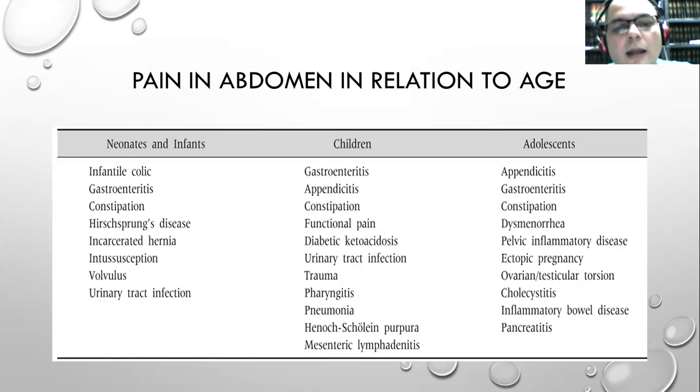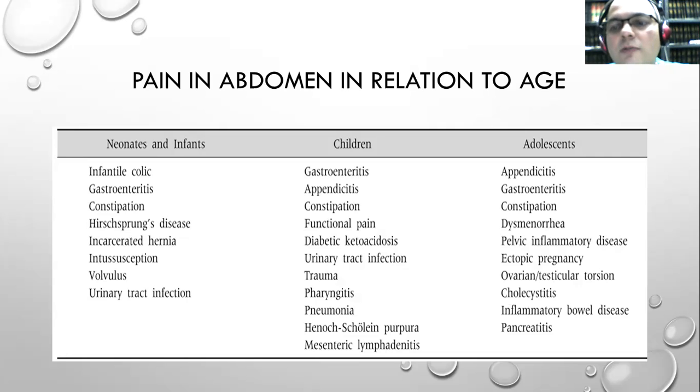Pharyngitis and pneumonias will give rise to abdominal pain, though the pathology is in the thorax. Henoch-Schonlein purpura and mesenteric lymphadenitis might give rise to pain in abdomen in younger children. In adolescents, we have other causes like appendicitis, gastroenteritis, and constipation is very common.